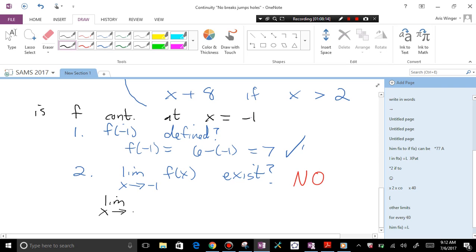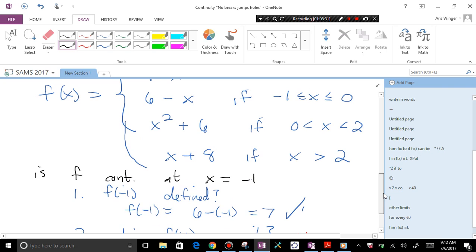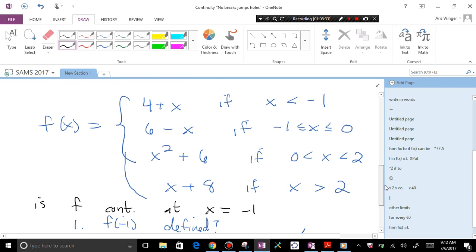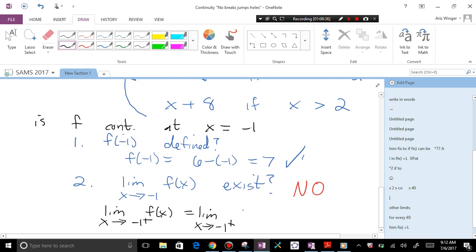The limit as x tends to -1 of f of x, from the right, is equal to the limit as x tends to -1 from the right of 6 minus x, and that is 7.